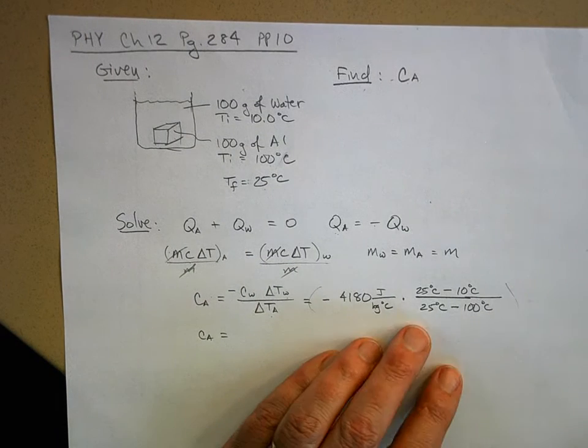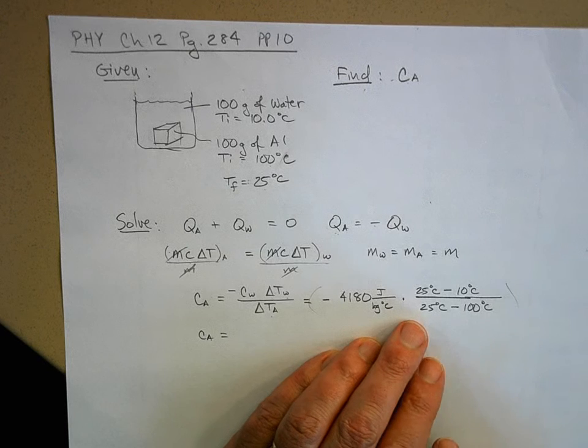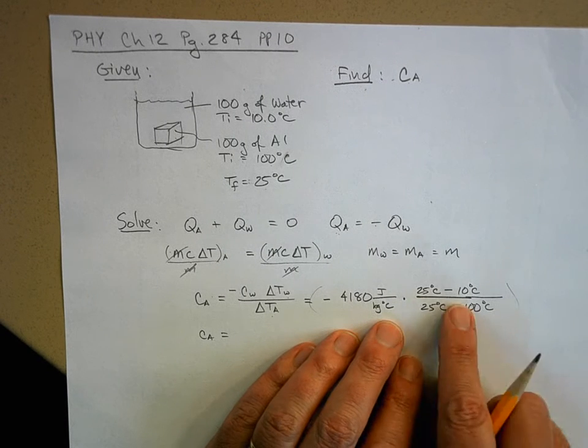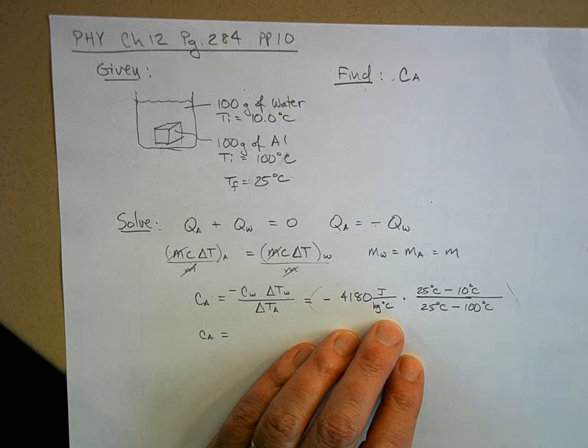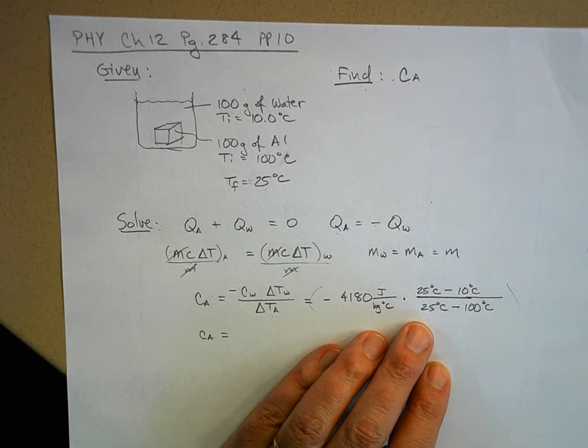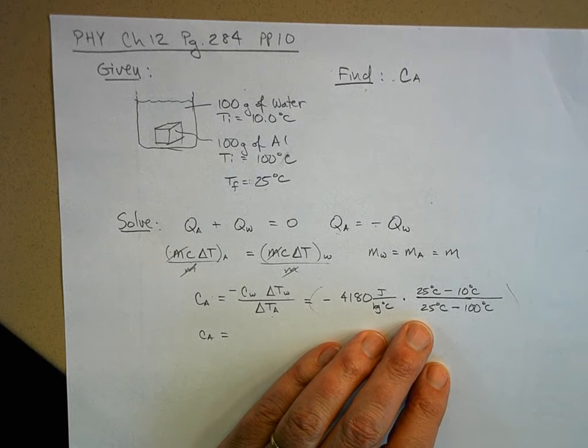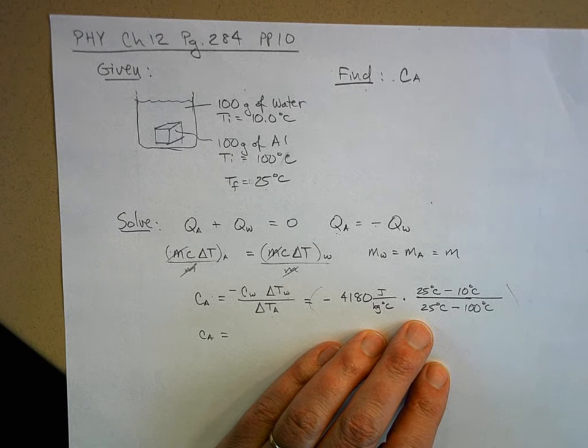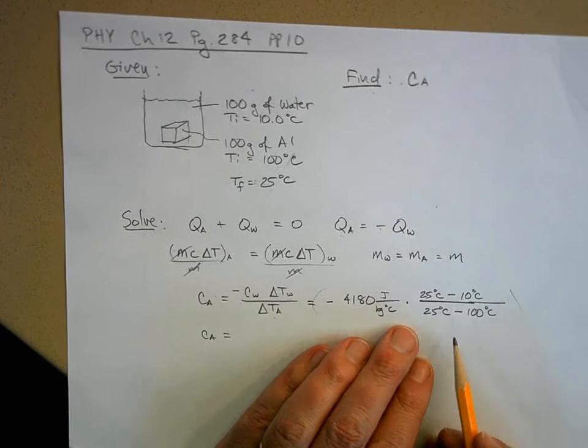So let's do 25 minus 10, that's pretty easy, that's 15. Divided by, now what's 25 minus 100? That's negative 75. So 15 divided by negative 75 equals negative 0.2.